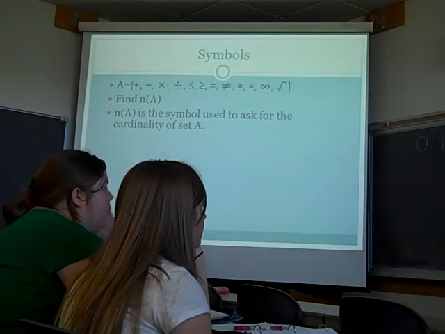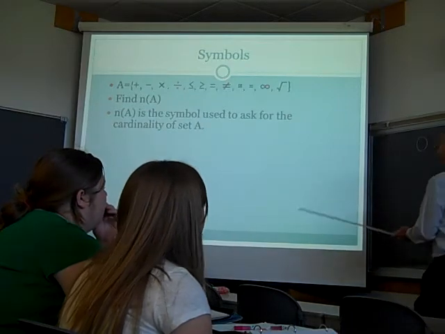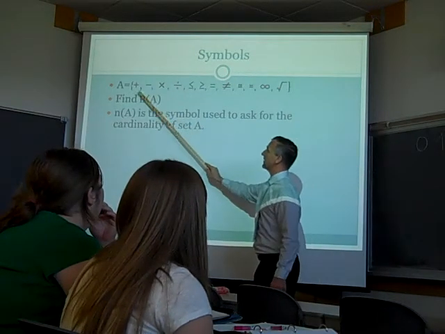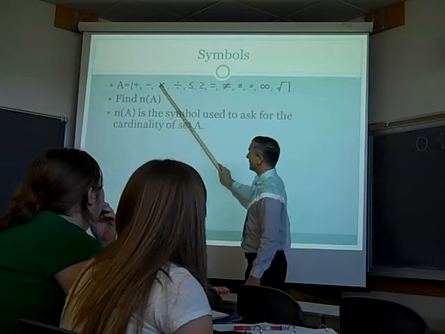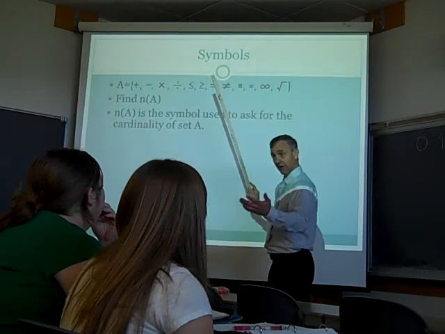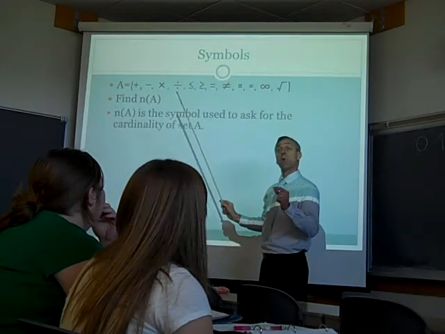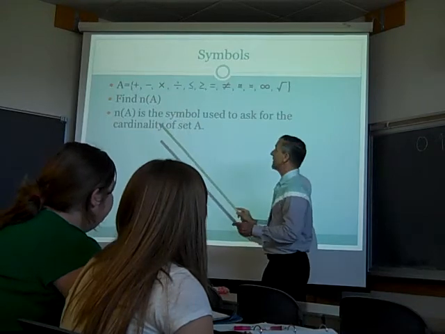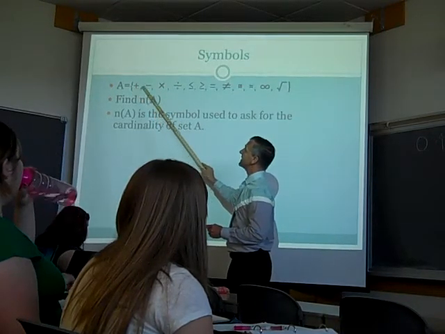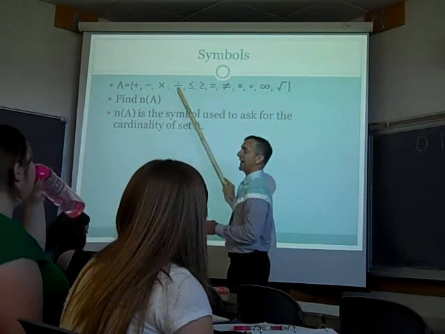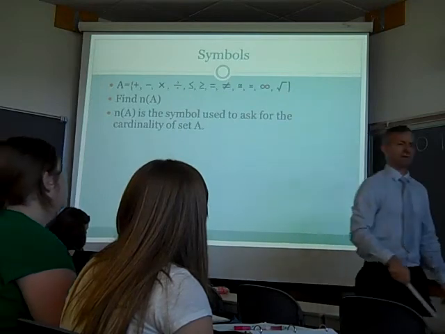You probably started right here and went 1, 2, 3, right? What did you just do? You made a one-to-one correspondence between these symbols and the counting numbers. So what do I mean by one-to-one correspondence?